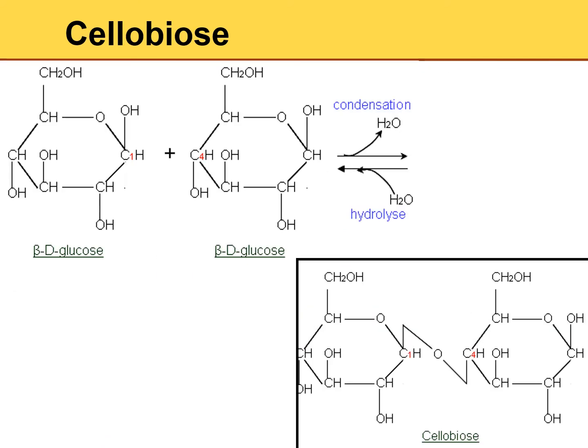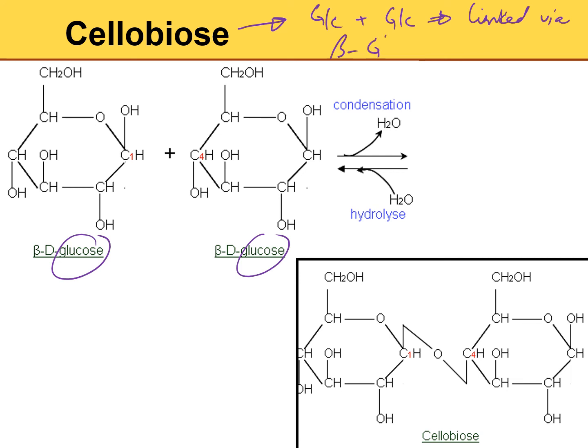Now you can get two glucose also linked together, so glucose plus glucose, but linked via a different bond. We call it a beta glycosidic bond. So in fact, it's a beta 1,4 linkage, not alpha.